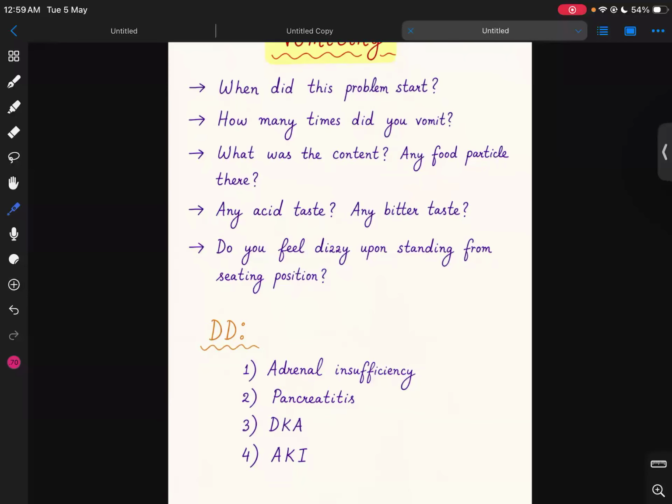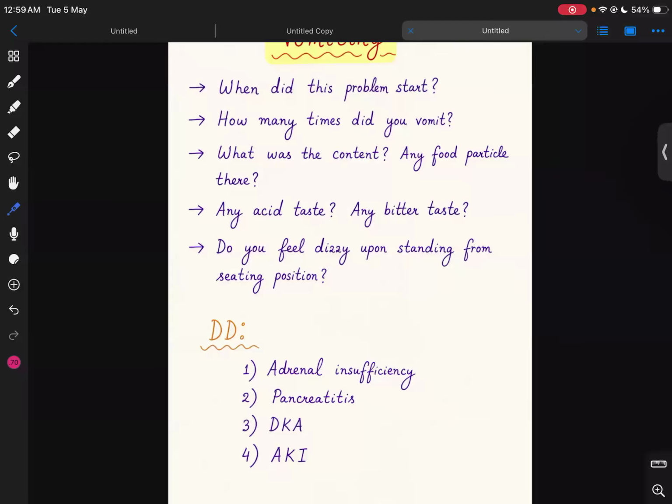It can be due to sudden steroid withdrawal, or it can be due to Addison's disease. Then it has come with the DD of pancreatitis, diabetic ketoacidosis, and kidney pathology like AKI or AKI on CKD. Apart from these 4 causes, I have not personally found any other causes of vomiting.